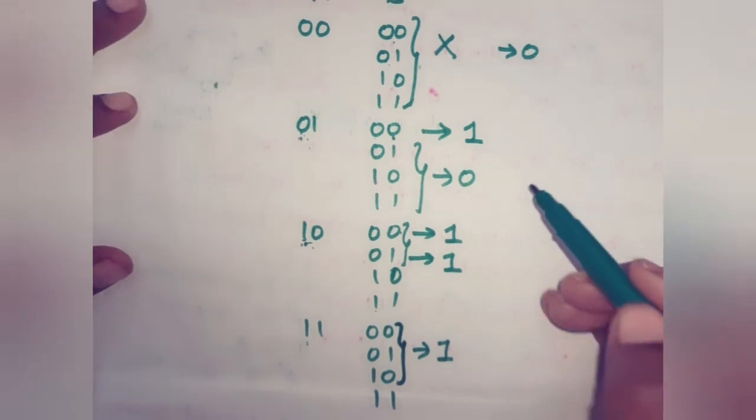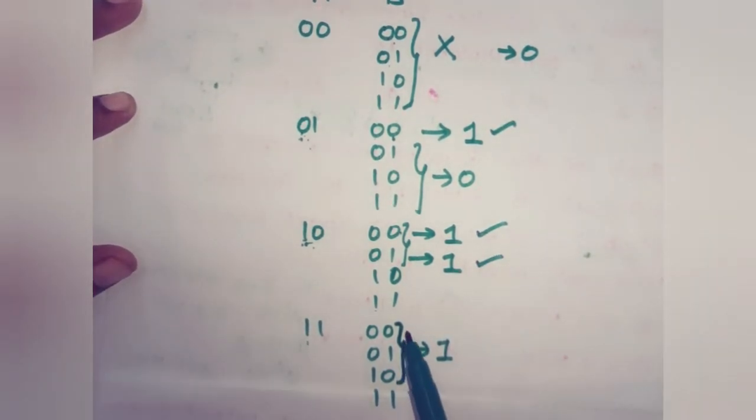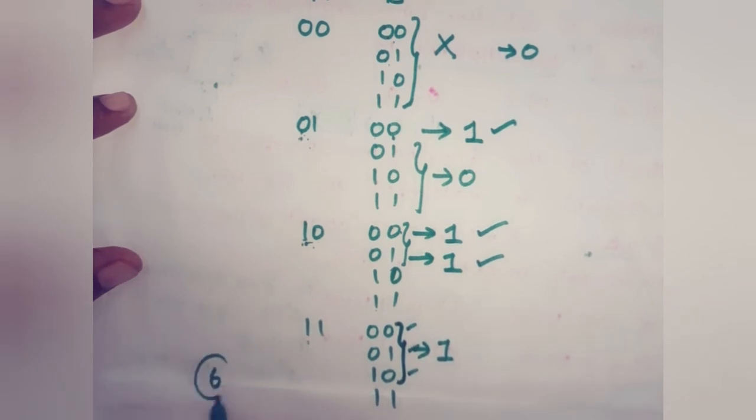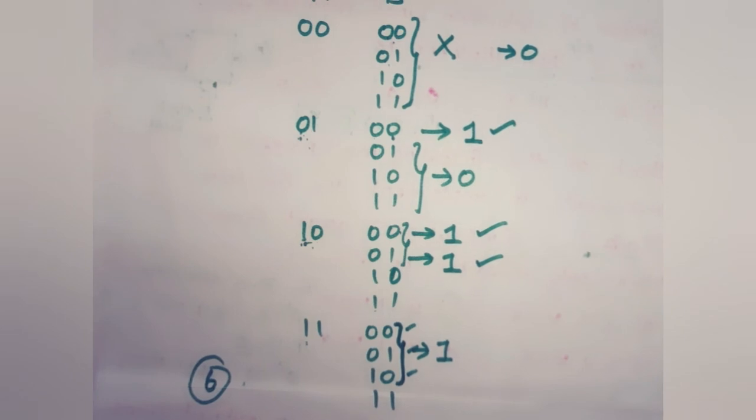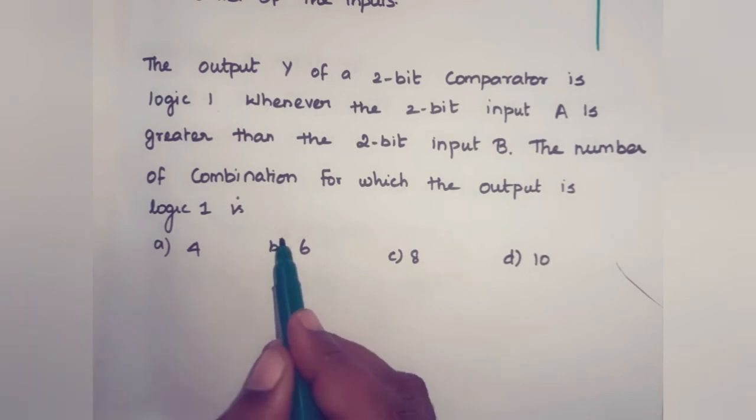Counting them: 1, 2, 3, 4, 5, 6. So for these 6 combinations, the output is logic 1. So the answer is 6, that is option B.